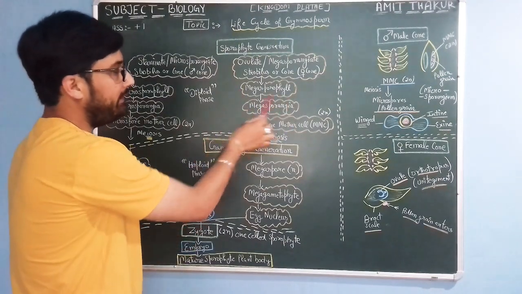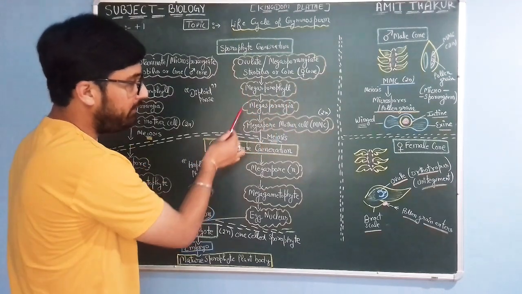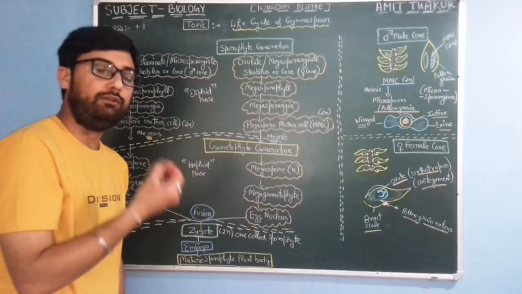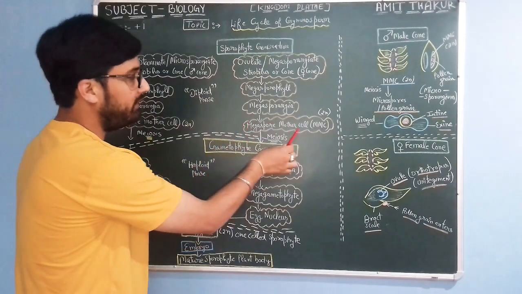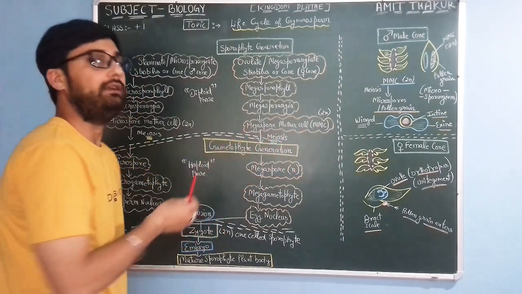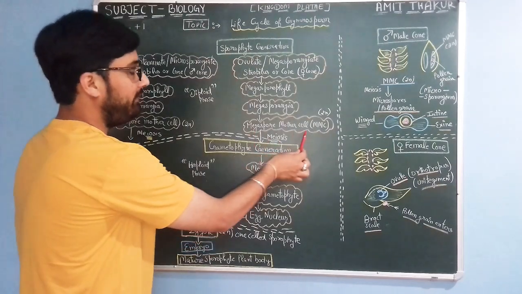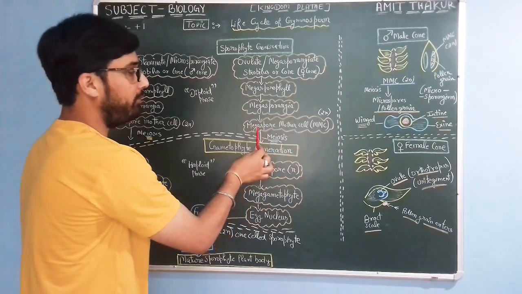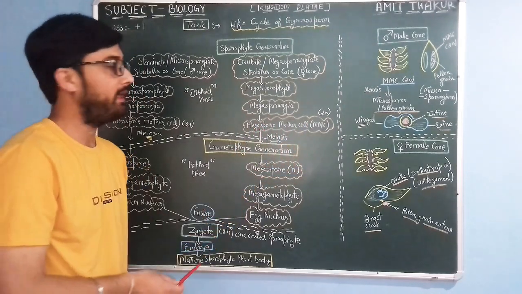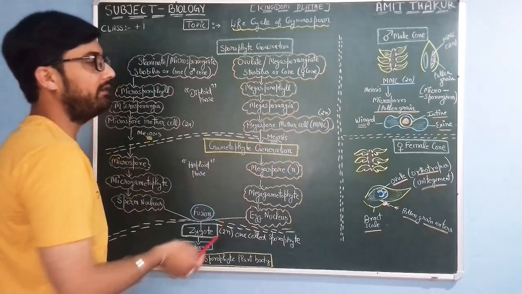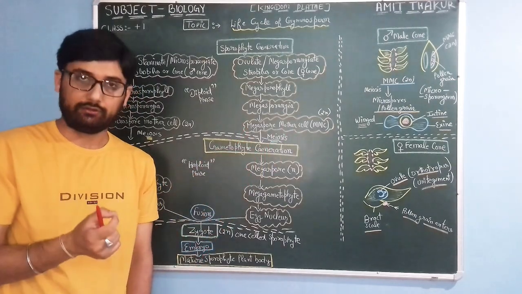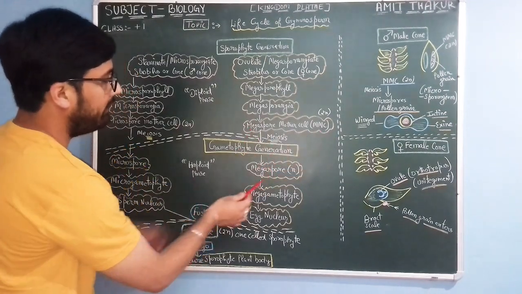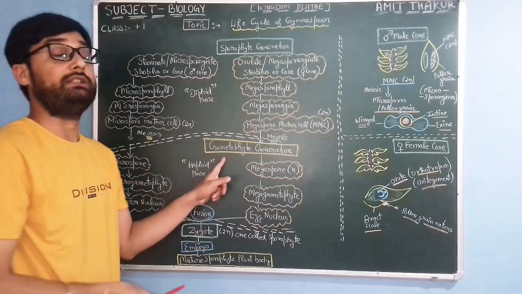This megasporophyll then develops into megasporangia, a sac-like structure in which megaspore mother cells (MMC) are developed. These MMC are diploid in nature. Then these MMC undergo meiosis, and when they undergo meiosis, they enter the gametophytic generation.